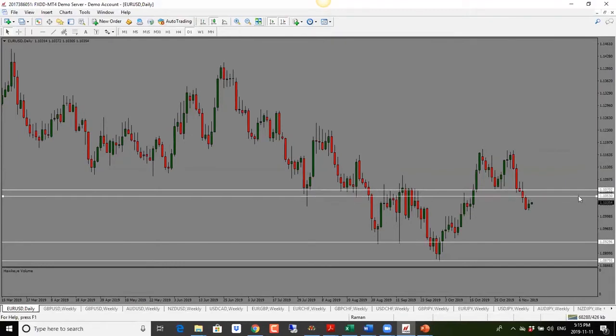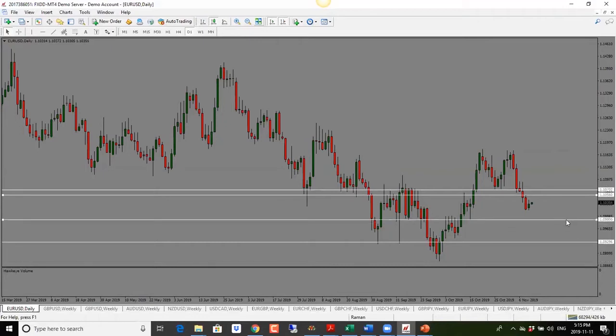So I would say 1.1050, and then I will look for a drop from there. Right now, it looks like this one could pull up a bit more. So overall bias is to the downside, but we could get a pullback.